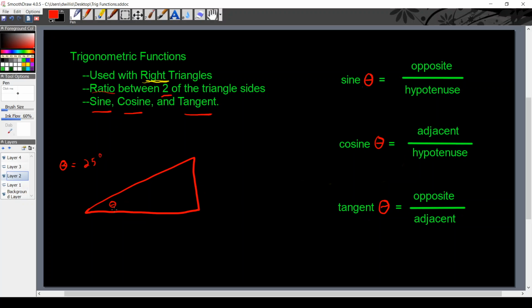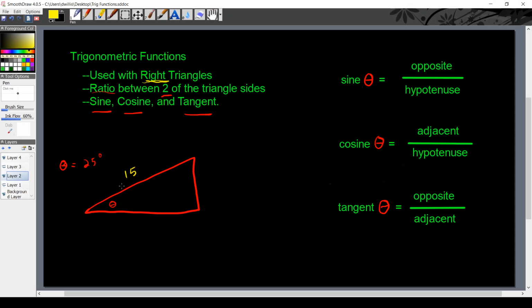That looks reasonable. It may be a little more than that, maybe 30-ish, but we're just going to say 25 just for fun. Now that I've labeled theta, I want you to go ahead and decide about the sides. Okay, and I'm going to say that this side has a value of 15.